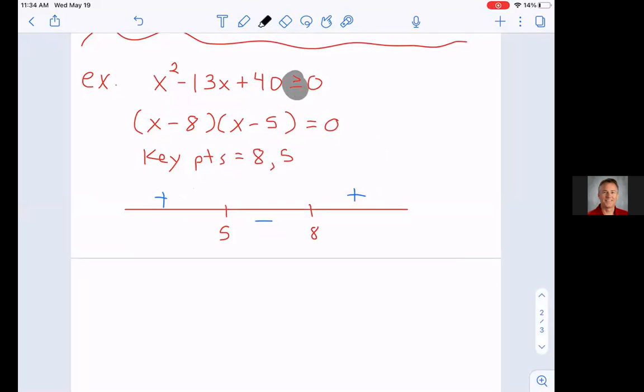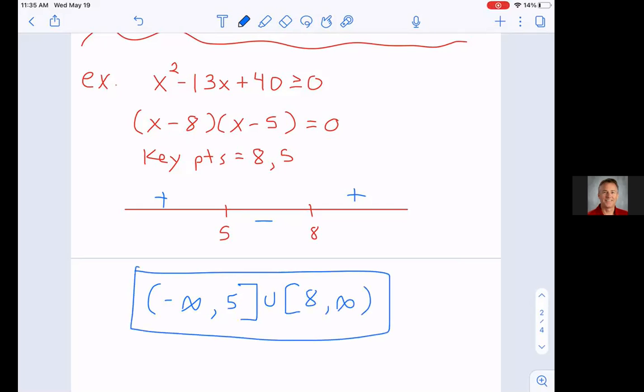So our solution then is, for this part, from negative infinity to 5, bracket, because it is inclusive of 5, because that makes it equal to; we want to keep the borders in this case. And then bracket from 8 to infinity. That's this region.